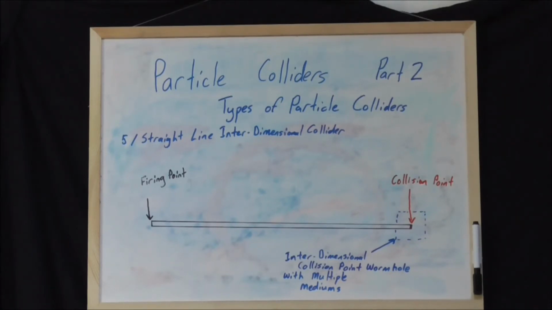So the particles, carbon and the particle, go through a wormhole whilst still travelling at tremendous speeds and collide with the bonding, with the collision particle in another dimension with different mediums. So you've got a vacuum, plus you've got air and water, and all sorts of compounds and elements that you can use in your interdimensional collision point.